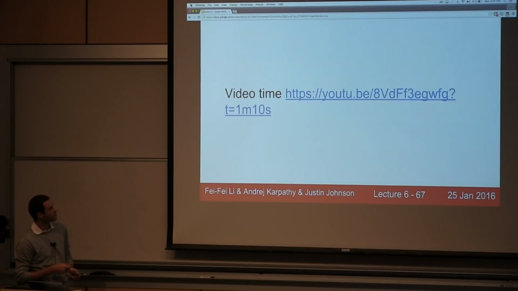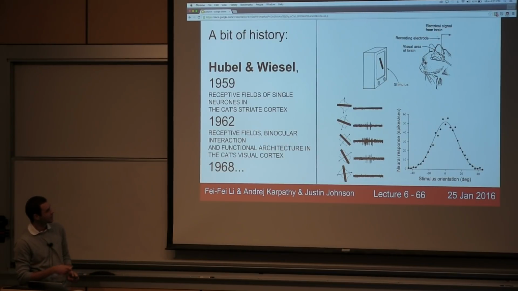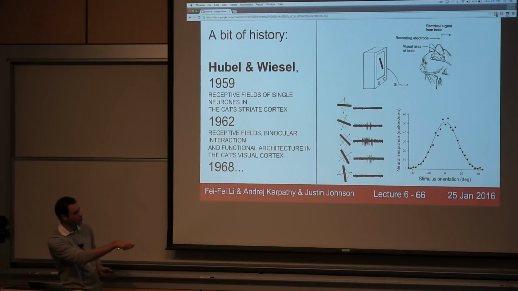And they also figured out that there was an entire hierarchy. There were what's called simple cells, and they responded to a particular orientation of an edge. And then there were all these other cells that had more complex responses. So for example, some cells would be turning on for a specific orientation, but were slightly translationally invariant. So they didn't care about the specific position of the edge, but they only cared about the orientation.